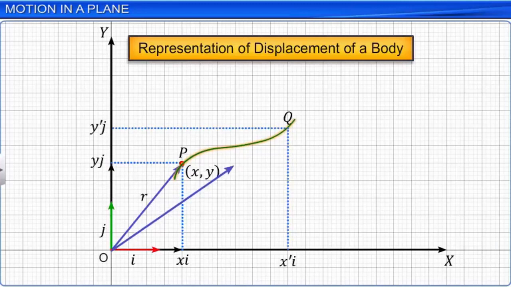Join P and Q with a straight line. Display an arrowhead at Q. This line, PQ, with its arrowhead represents the displacement vector delta r.